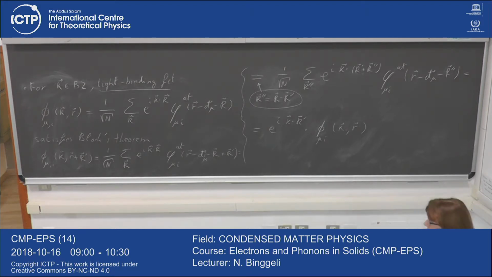So it works only for certain kinds of crystals. It's in some sense the other limit with respect to the free electron model or the plane wave approach that we used before.